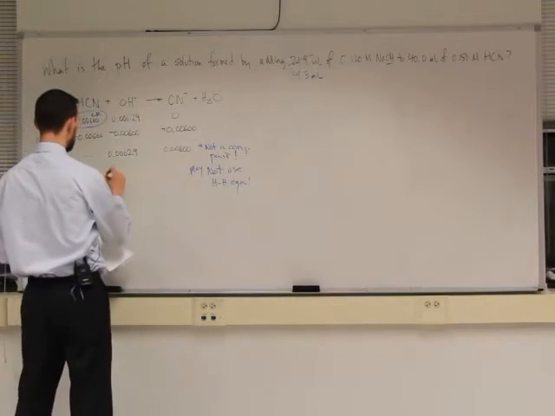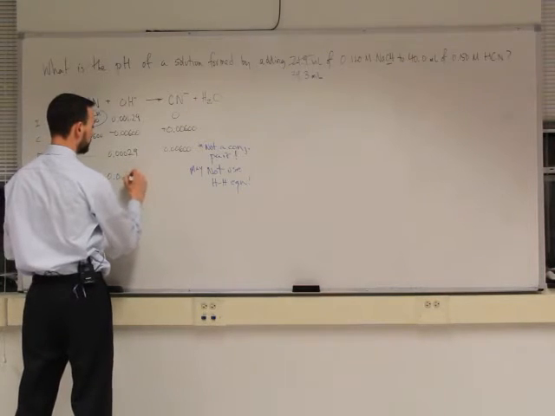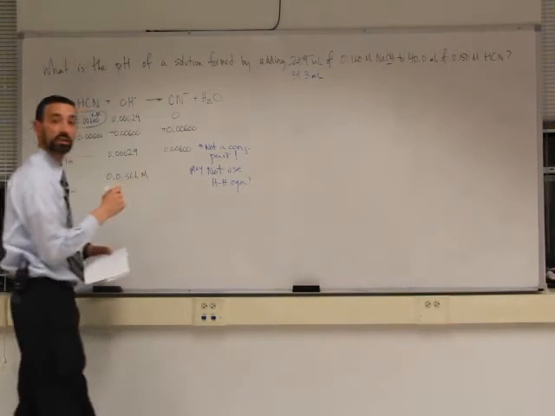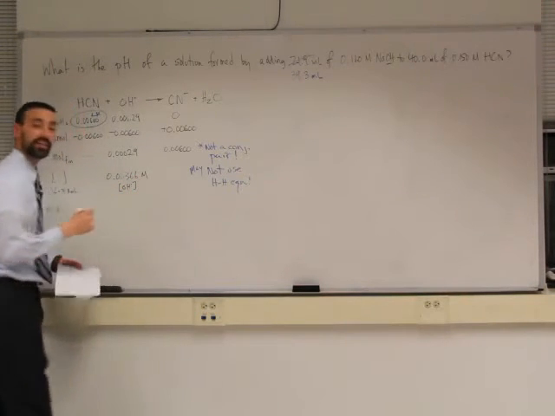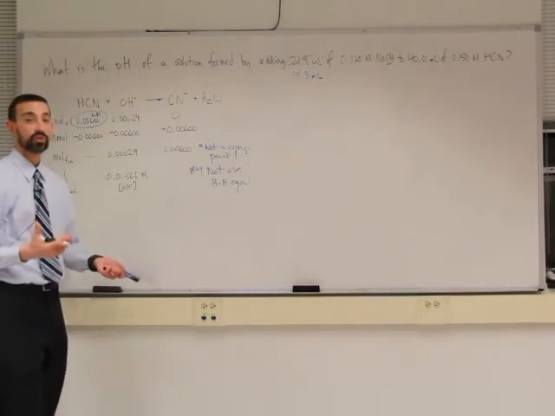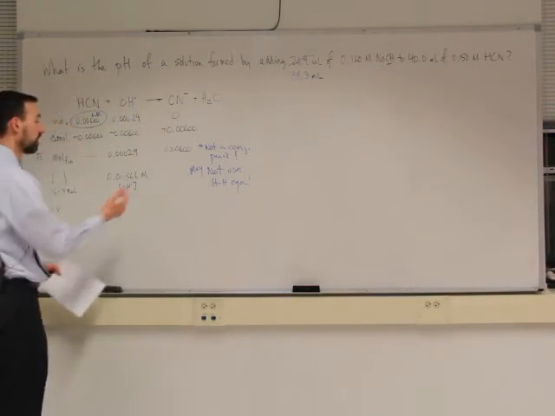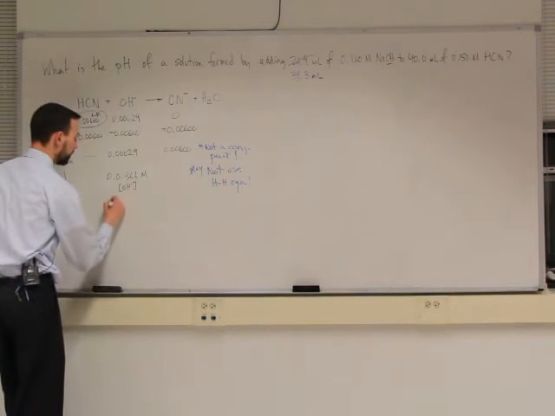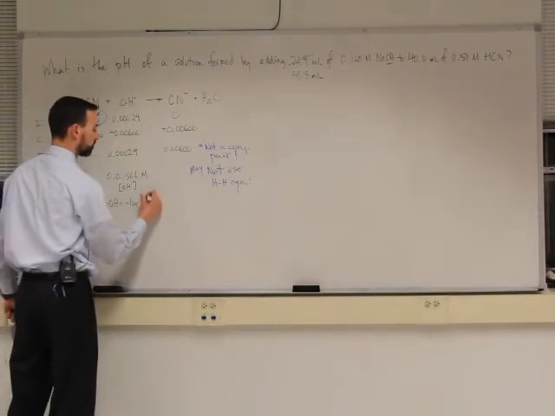My hydroxide concentration is 0.00366 molar. All right? And if you know the hydroxide ion concentration, by default, you know the hydronium ion concentration, and thus the pH. Or perhaps a little more easily, we know the pOH from the OH concentration.